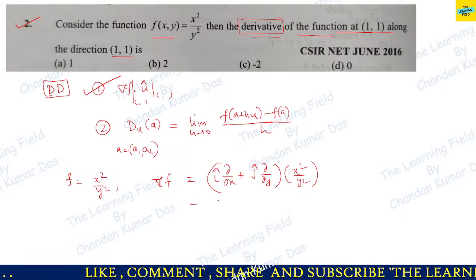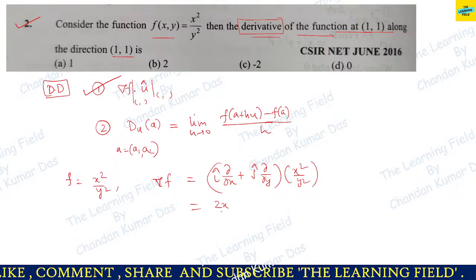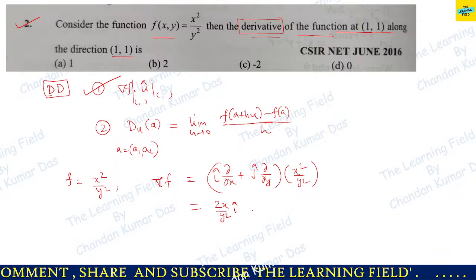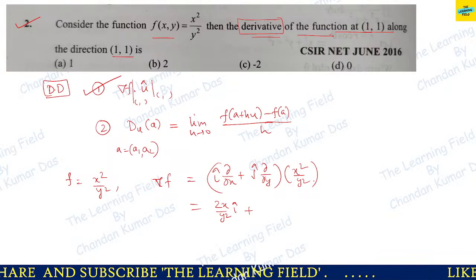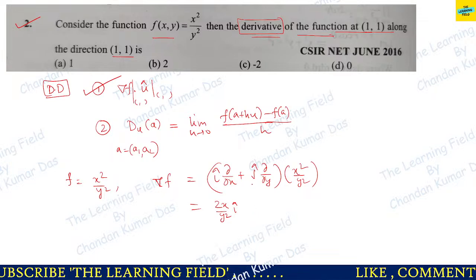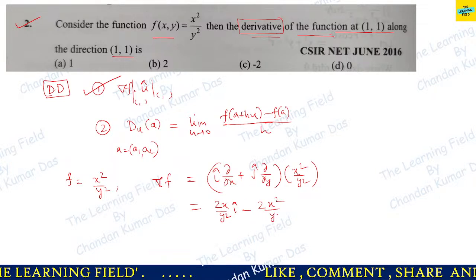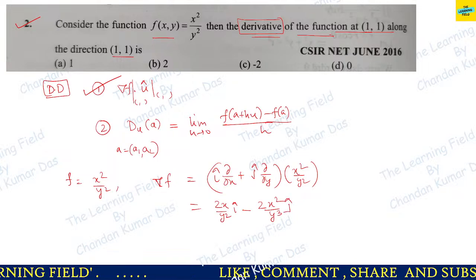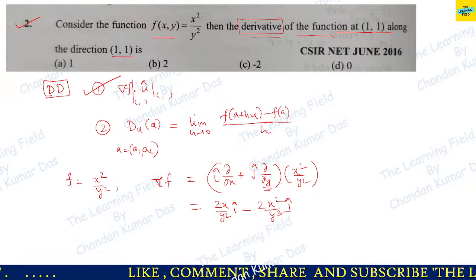So first, i del x of this gives 2x by y square i cap, plus del y of x square by y square, which means minus 2x square y to the power minus 3, that is minus 2x square by y cube, j cap. Okay, because x square is treated as a constant in the partial derivative with respect to y.